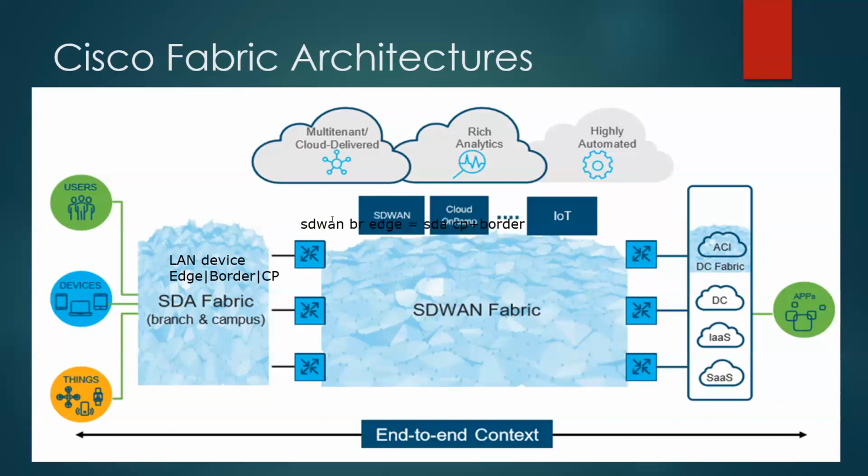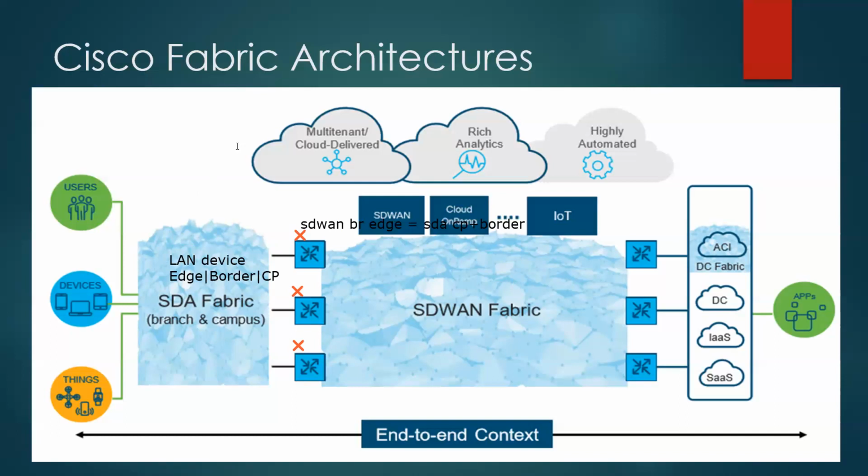So here you can see that these devices at the bottom, if you have tight integration of SDN, SD-WAN and ACI, are working as SD-WAN edge plus they are working as SDA control plane plus border devices, where you can enable the, what protocol do we have in SDA?